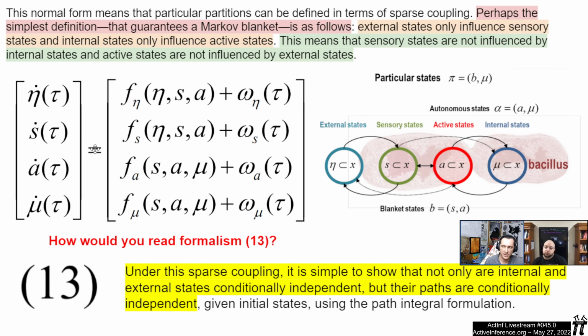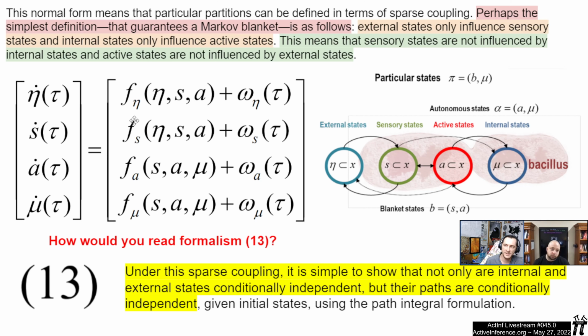This, just like Formula 1, is going to be unpacked, where we had x dot of t equals flow plus noise. Here, we're doing 4 of those in parallel. So external states changing through time is a flow on external states as a function of external, sense, and action, plus the noise of external states as a function of time.